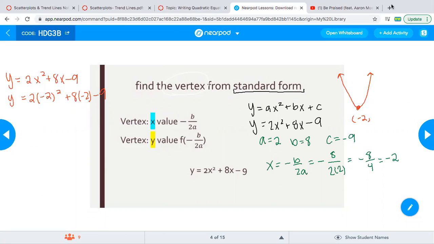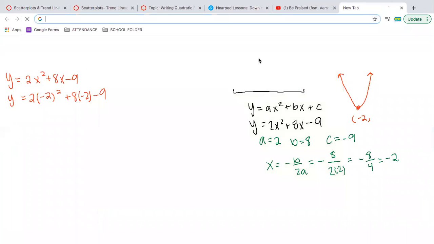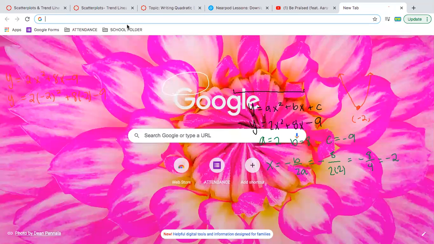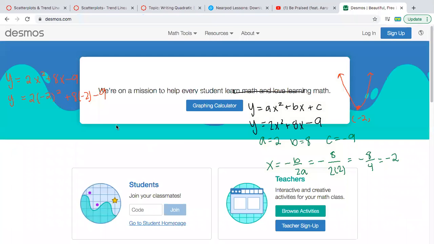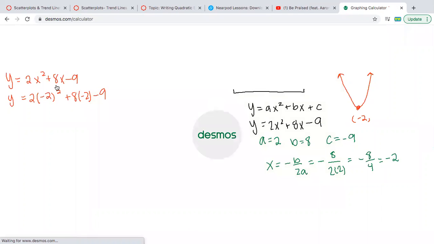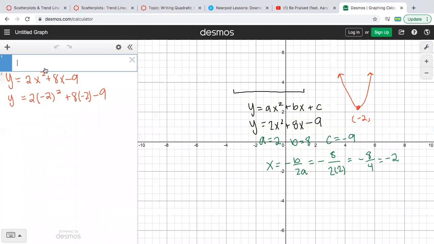So I'm just going to plug this into Desmos because I don't want to do the most here. So 2 times negative 2 squared plus 8 times negative 2 minus 9.